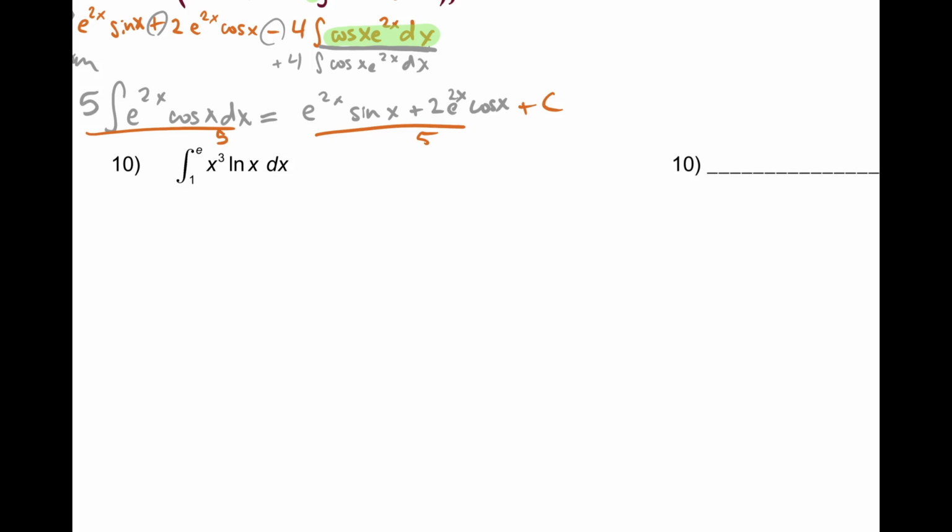No, not tabular. You can't deal with ln of x. What are you going to do, differentiate ln of x? It doesn't go to 0. What are you using for your f of x and g of x? Because x cubed, if you differentiate that, you can get to 0, but you can't integrate ln of x. Start doing the integral of ln. Yeah, remember how we did the integral of ln x yesterday? That was a pain.